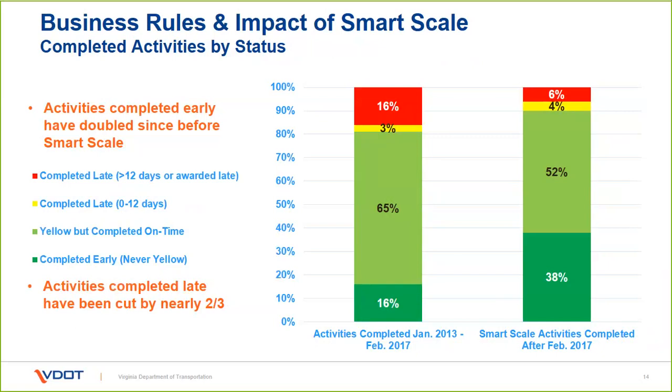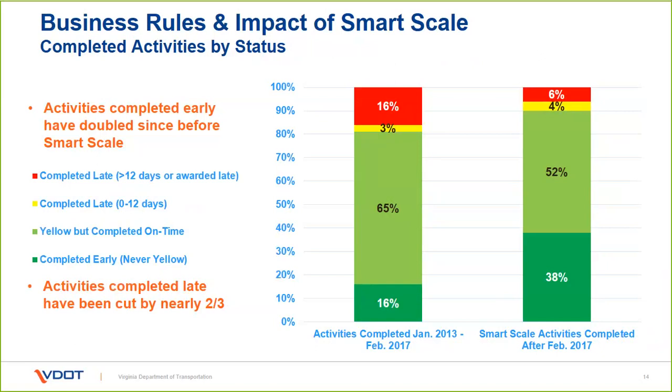We took a look back since we've had SMART SCALE up and running with these new rules and the SMART SCALE dashboard for about a year. We compared activities completed prior to the dashboard with those completed after it. What we found is that the business rules, which are trying to encourage things to finish earlier, are helping with that.